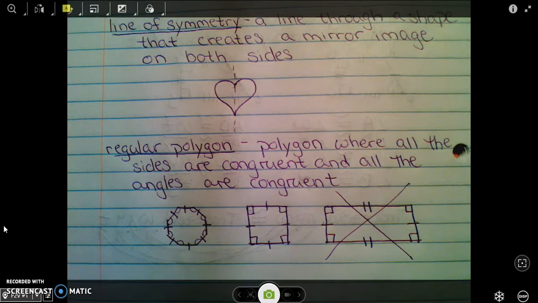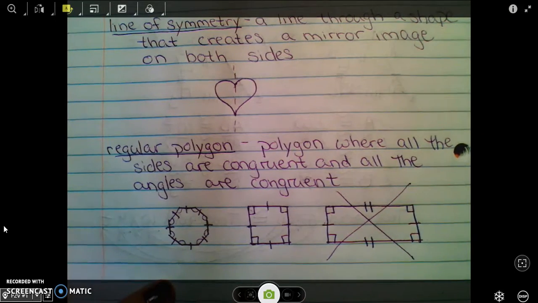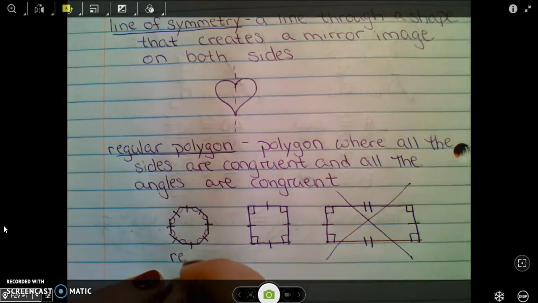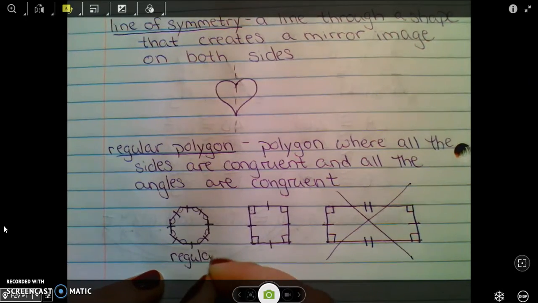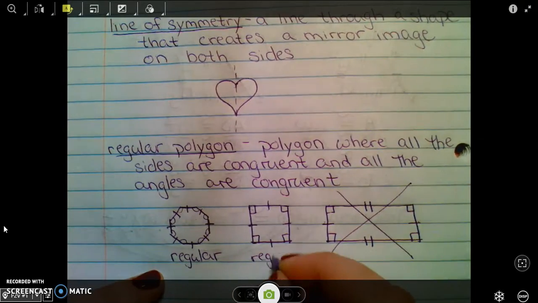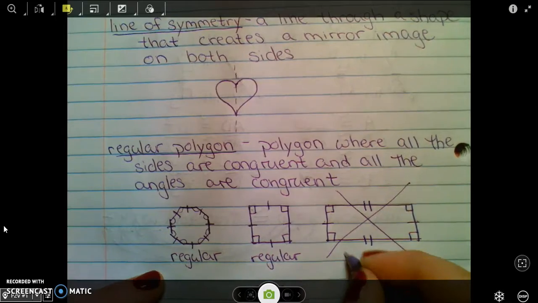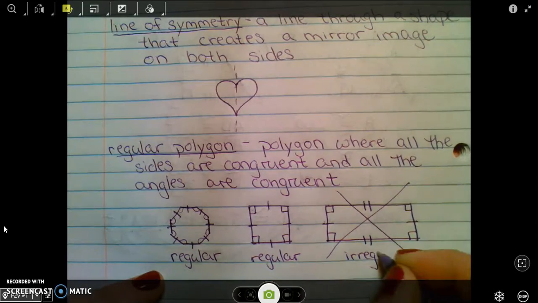Regular polygon doesn't just mean a normal shape that you see every day. It means the sides and angles all have to be congruent. So you can write regular, regular, and this would be irregular.